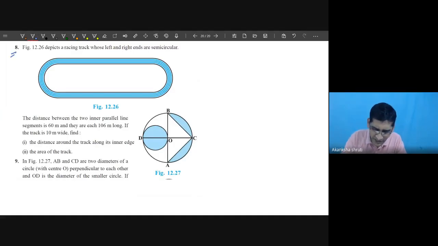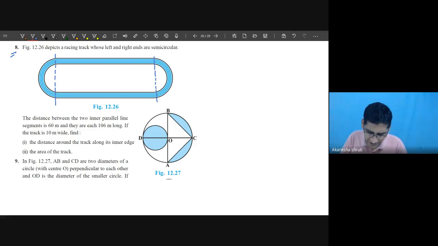In this question number 8, a track whose left and right ends are semicircles. Students, first mark those semicircular tracks. It is like this one. So first mark the data and draw it over the figure itself.